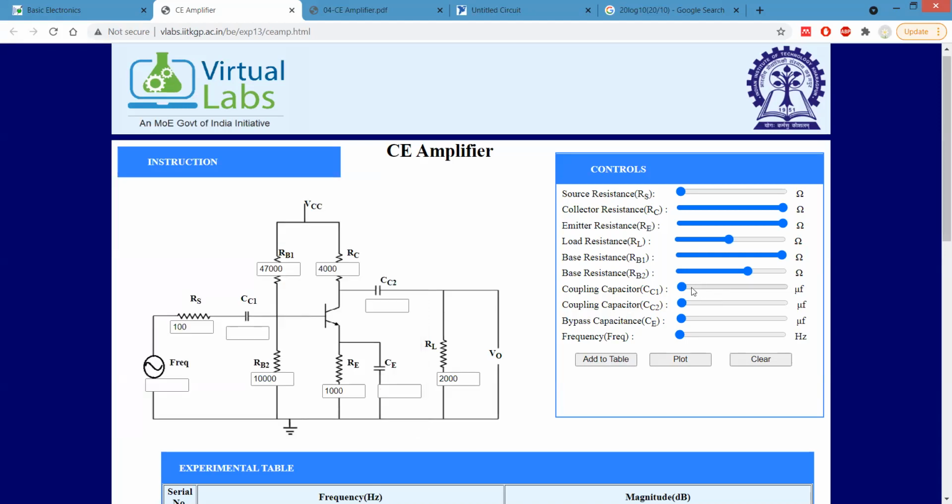Good. So it is in microfarad, then it is 10 microfarad. This is also 10 microfarad, and the emitter capacitor is also 10 microfarad. Okay.